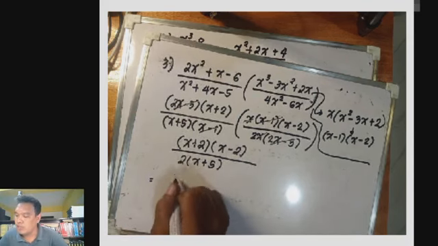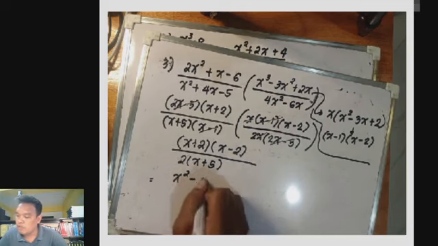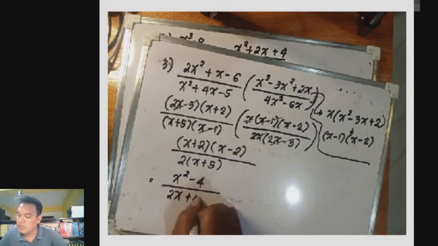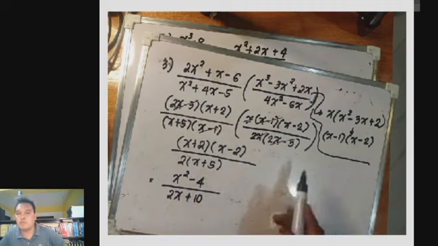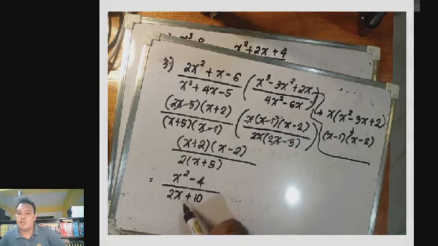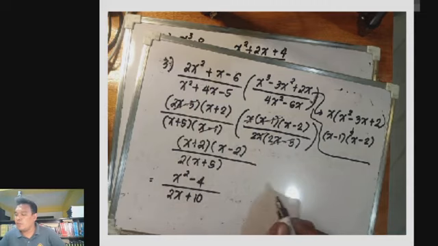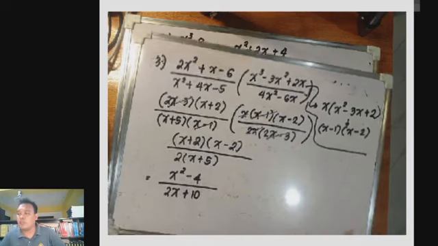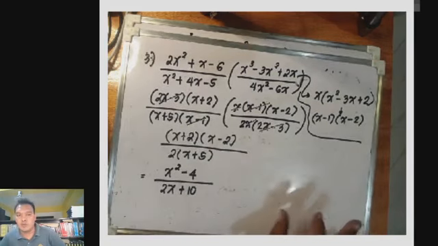So pwede natin sabihin x squared minus 4 all over 2x plus 10. Okay, so the simplest form of this rational expression is equivalent kay x squared minus 4 all over 2x plus 10. No?